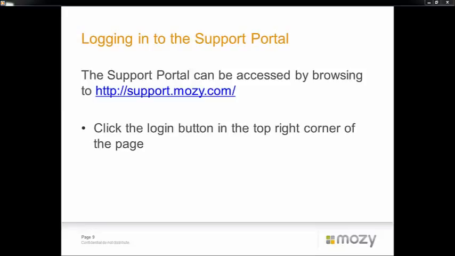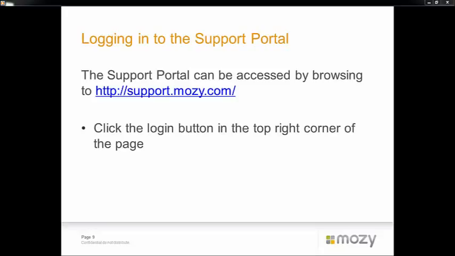So, logging into the support portal. The support portal is the third section we're going to cover today. The support portal is where you will go if you're having any issues with Mozy. From here, you can log in and register a case with Mozy, or access live chat support with some of our support agents, or you could call into Mozy support, and from here you will get your support ID.